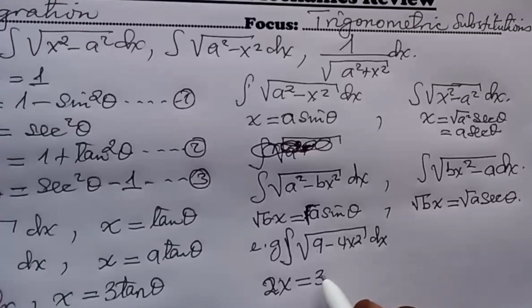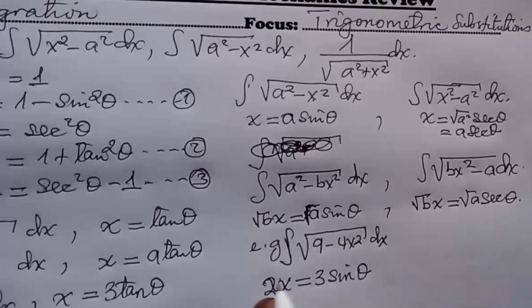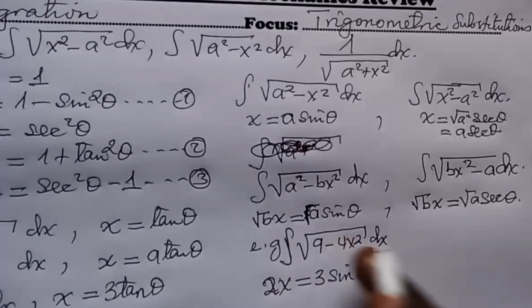And then, since the difference of two squares is such that the term in x squared is negative, I'm using sine theta. So this will be the substitution for this one.